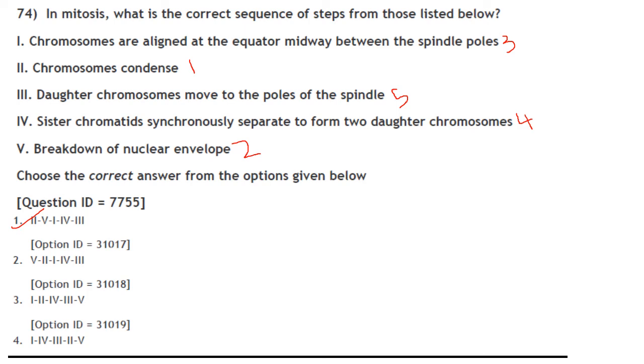Then sister chromatids synchronously separate to form two daughter chromosomes. Yes. And then the daughter chromosomes move to the poles of the spindle. Answer is option 1. That is 2, 5, 1, 4 and 3.